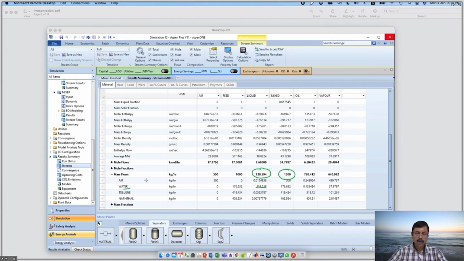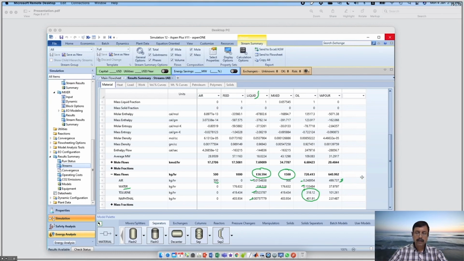The flow of air, toluene and naphthalene is negligible in the liquid. Whereas water content is negligible in oil, so is air. The oil is full of naphthalene and toluene. Vapor, obviously, will have more of air. Out of 500 kg per hour, 499.737 has gone into vapor.